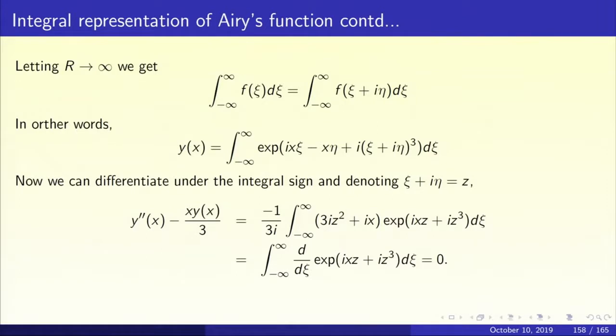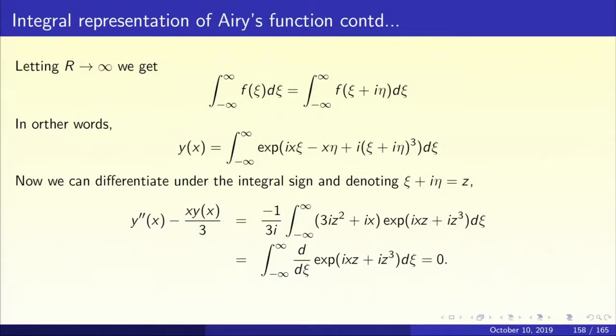And the minus x y upon 3, I had just put down as it is, introducing the 3i factor. So all in all I get minus 1 upon 3i times the integral from minus infinity to infinity of 3i z squared plus i x times exponential of i x z plus i z cube d chi.